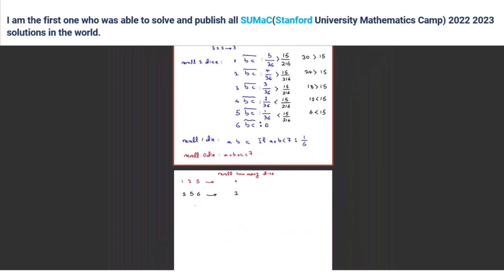So let's write. If the sum is 7, we don't reroll, right? Then we prefer to reroll 1 die. So if the sum is not 7 and the sum of 2 of them is less than 7, then we reroll 1 die, right?